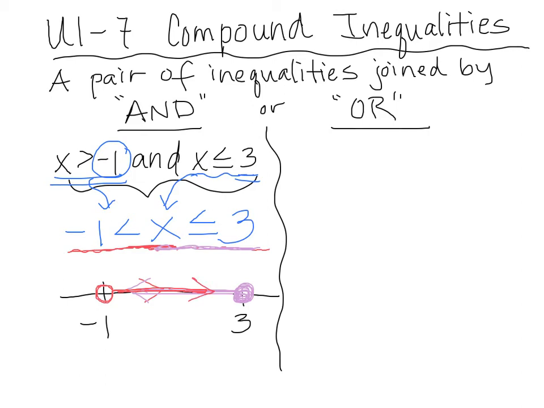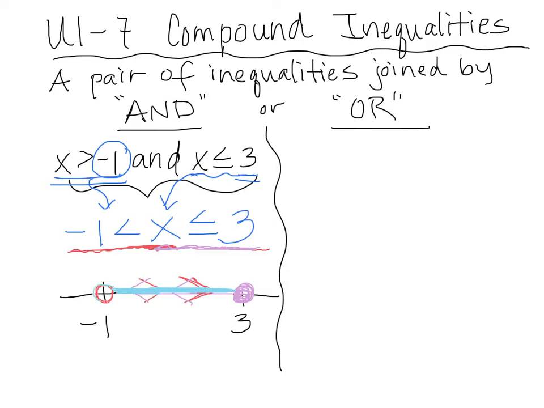If x has to be greater than -1, so to the right of -1, and it has to be less than or equal to 3, we can't have x values outside of these two boundary points. And so what we end up having is just this shaded region in the middle, the overlap of those two intervals just between -1 and 3.